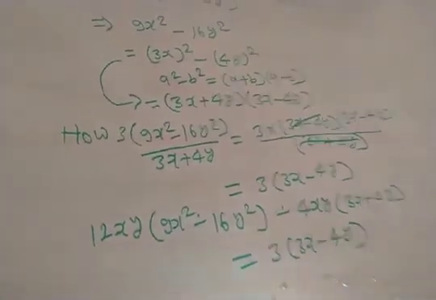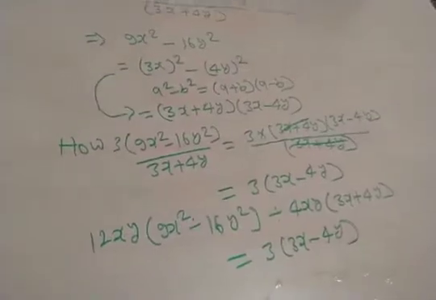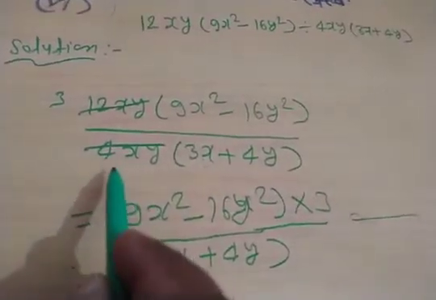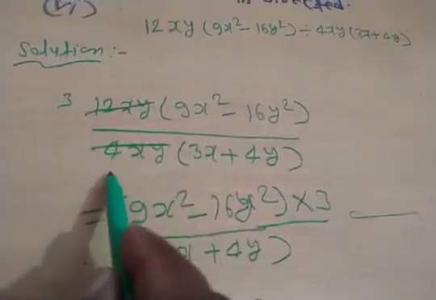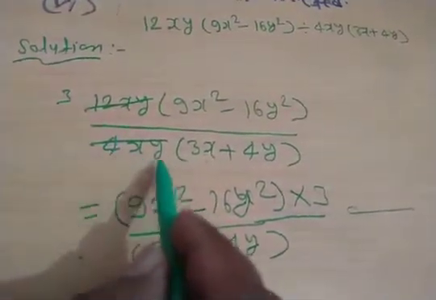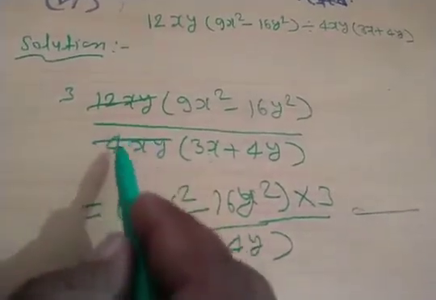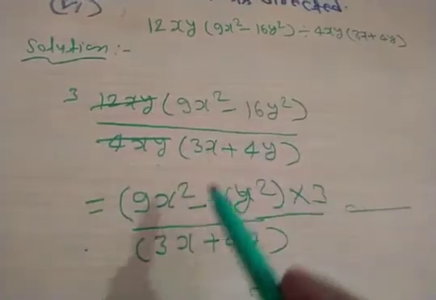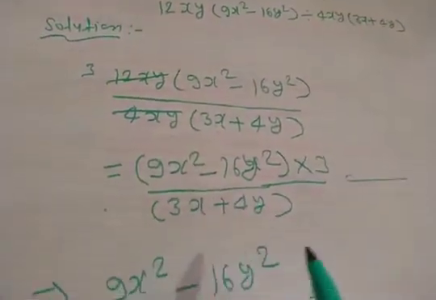This is our solution. Student, you can see here this is given. So first we cancelled 12xy by 4xy. 4 times 3 is 12, so 3 times, and after this we can write like this.